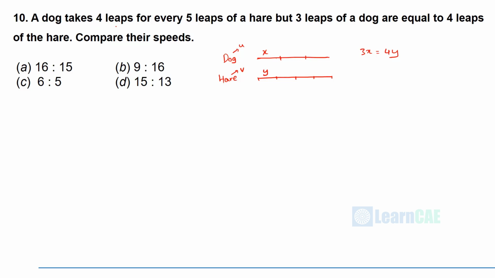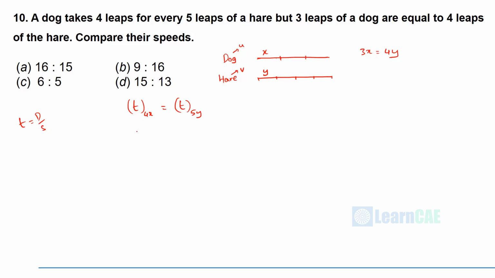It means the time taken for the dog to cover 4 leaps is equal to the time taken for the hare to cover 5 leaps. It means time taken is nothing but distance by speed.